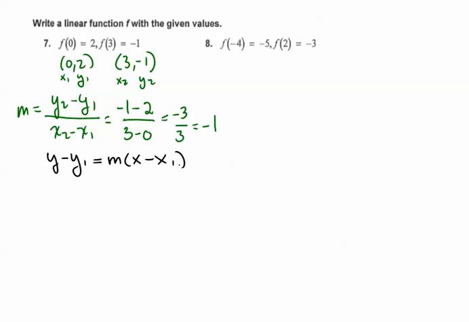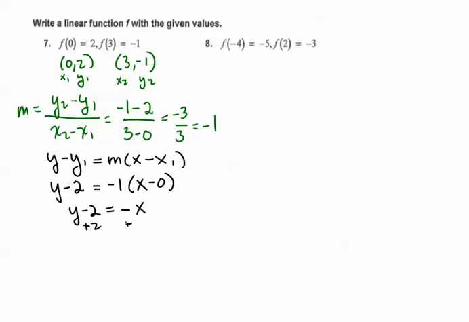Second step, after I calculate the slope, I'm going to write in point-slope form, and plugging in, I will use the first point: y minus 2 is equal to negative 1 times x minus 0. Simplifying, I get y minus 2 is simply negative 1 times x, which is really just negative x.